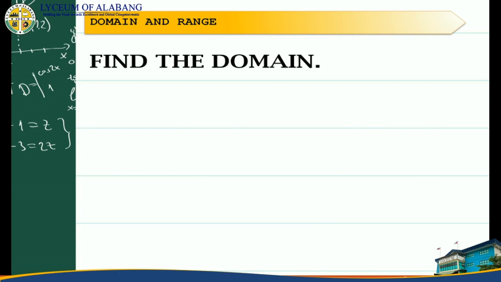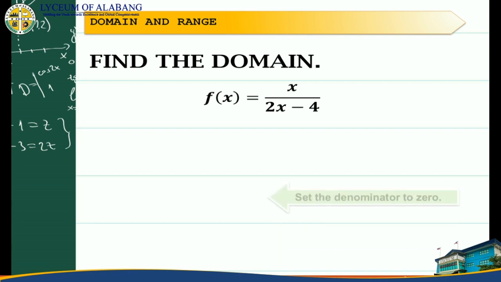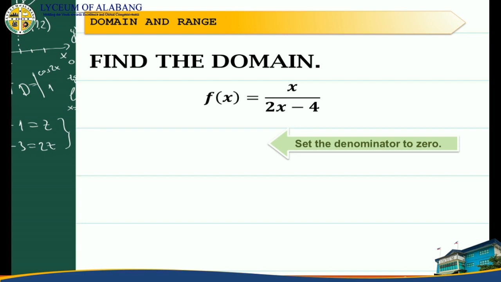Next example, find the domain. Again, to find the excluded value in the domain of the function f of x is equal to x over (2x minus 4), first, set the denominator to 0, and we get 2x minus 4 is equal to 0.